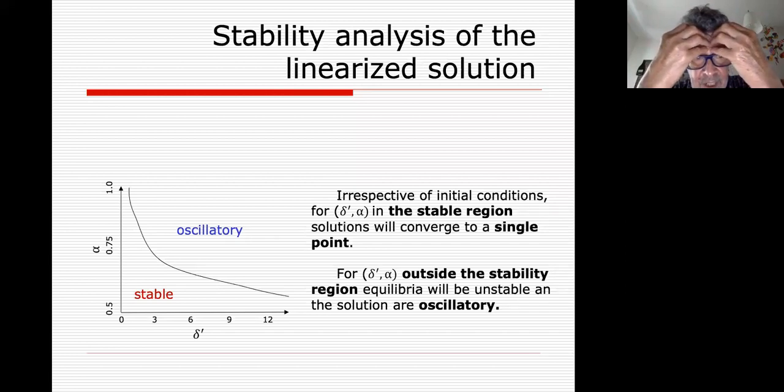And we can divide our phase space in two parts. One has a stable solution, the other one an oscillatory solution. What does it mean? The choice of the ratio between A and B and the delay can define once and for all the long-term behavior of the solution of this model.